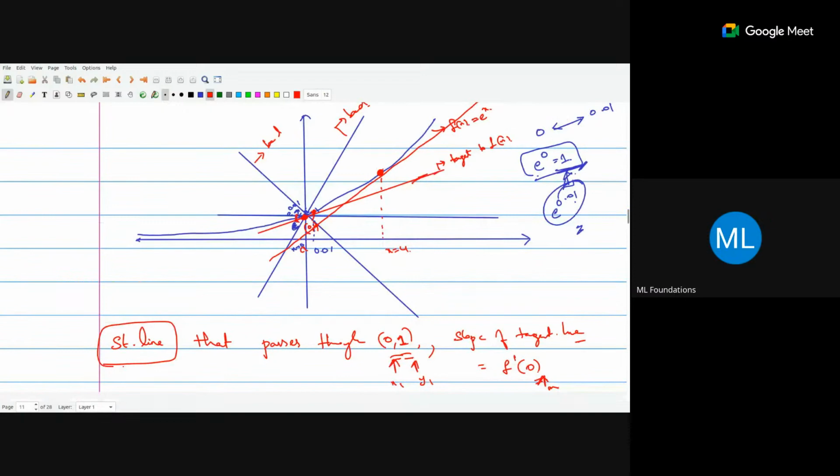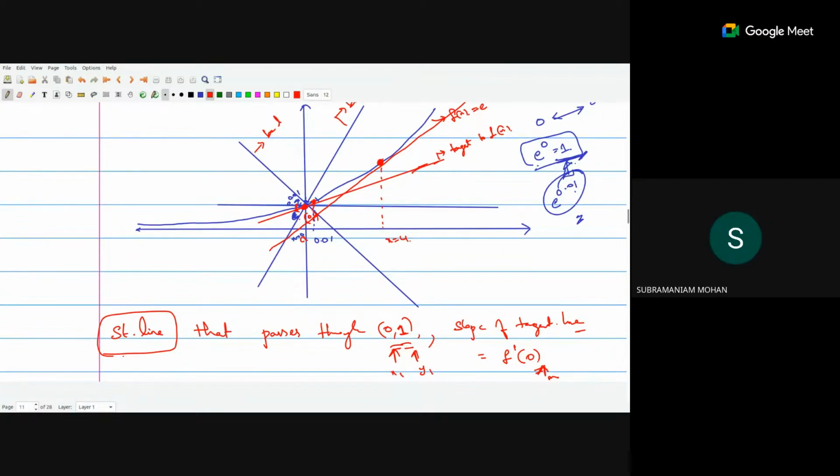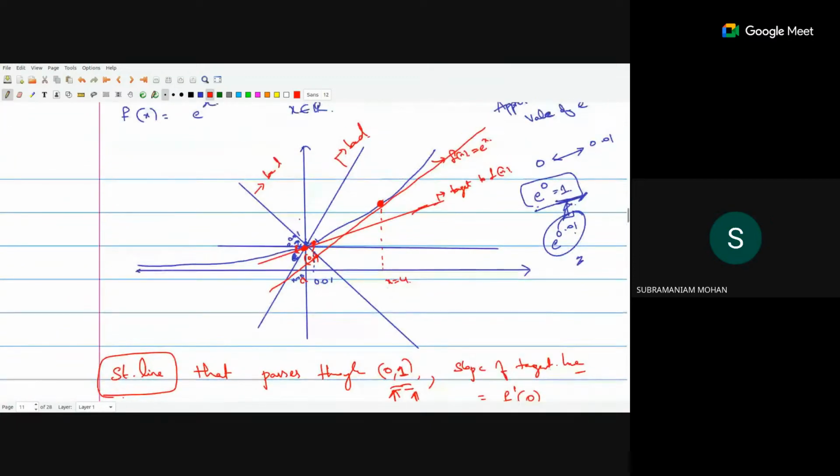See, from the graph itself you can see that e to the power 0 is 1, and e to the power anything greater than 0 should be greater than 1. E power x is an increasing function, so if the exponent increases, the value should also increase. Here the power is 0.01, which is greater than 0.